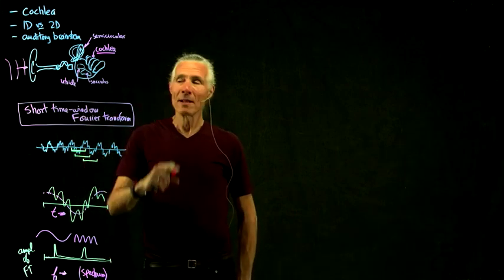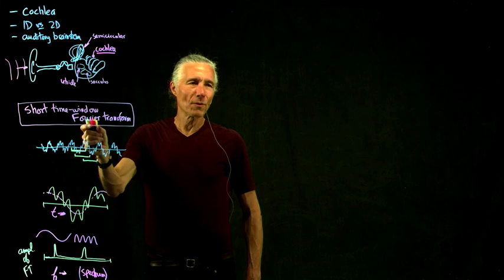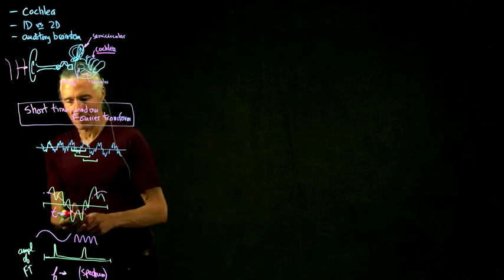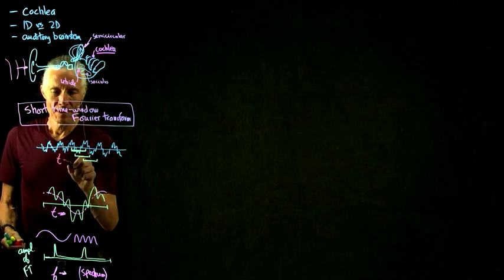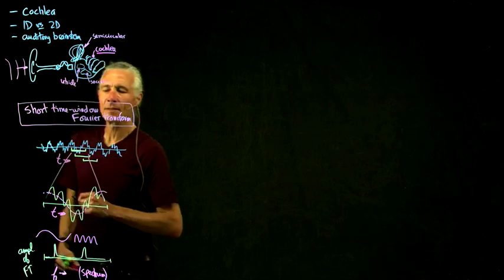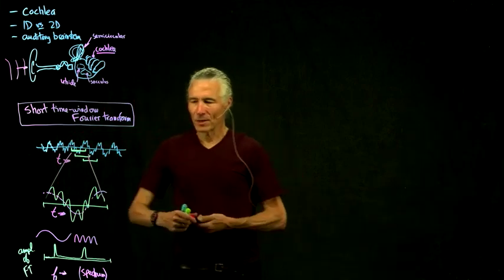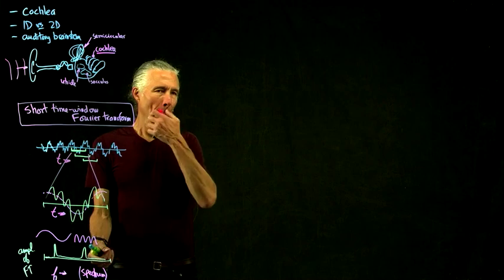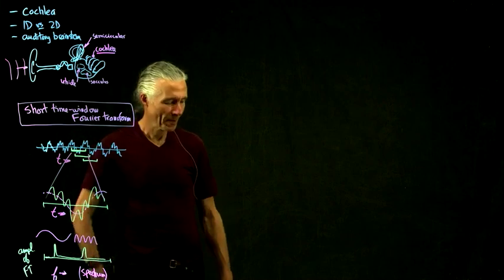It's doing a short time window Fourier transform, which means take a little chunk of time, make sure this is time, take a little chunk of time, here I blew it up over here, and turn it into a spectrum of frequencies, and then keep doing that.